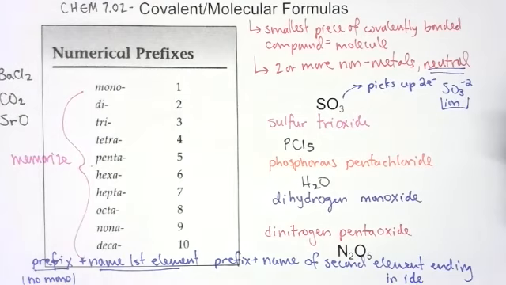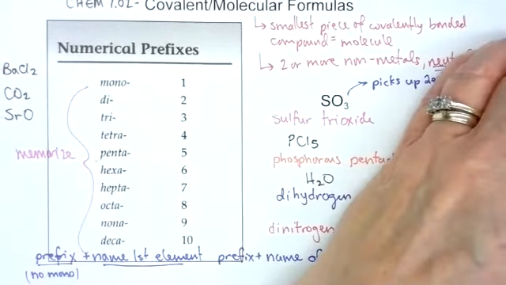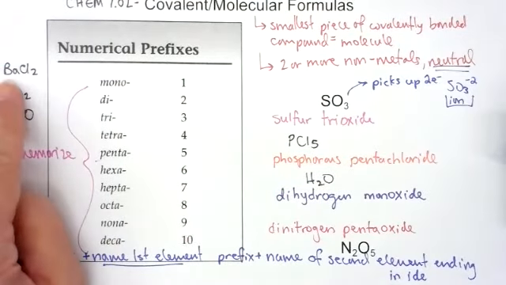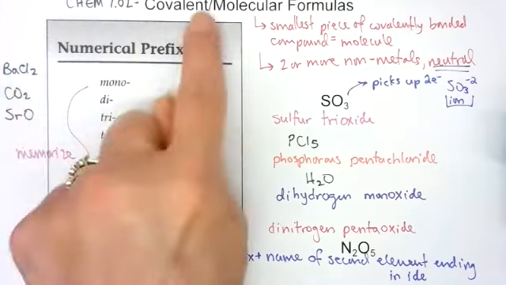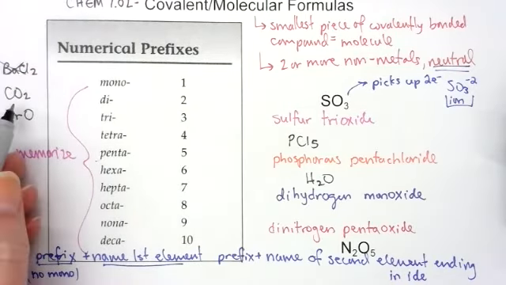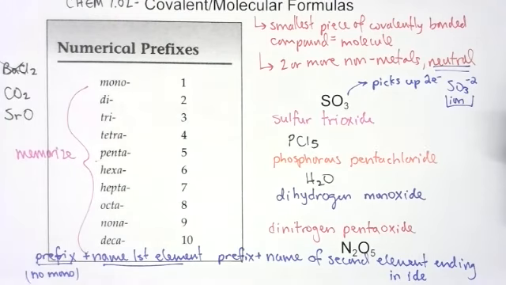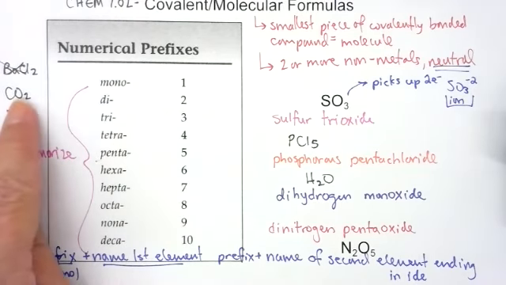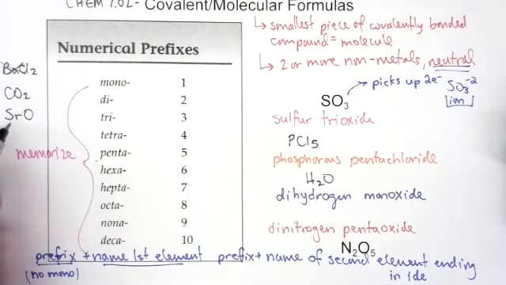Well, what you have to do before you start is identify the fact that calcium is a metal, so this is going to be ionic. These rules don't apply to this compound. CO2, carbon is a nonmetal, and oxygen is a nonmetal, so these rules do apply, and this is carbon, the 2 is dioxide, carbon dioxide. Strontium, you have to check out where strontium is, you have to check out where oxygen is. Strontium is a metal, so these rules don't apply to that.